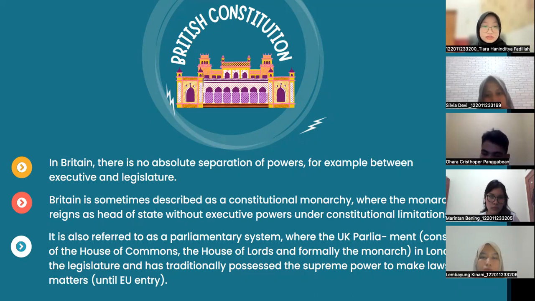It is also referred to as a parliamentary system, where the UK Parliament, consisting of the House of Commons, the House of Lords, and formally the monarch in London, is the legislature and has traditionally possessed the supreme power to make laws in UK matters until EU entry.